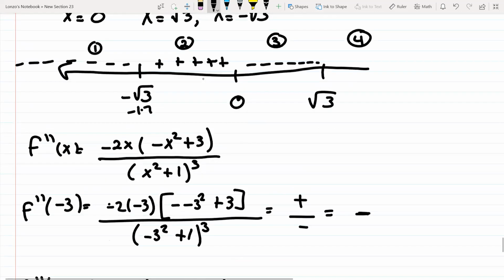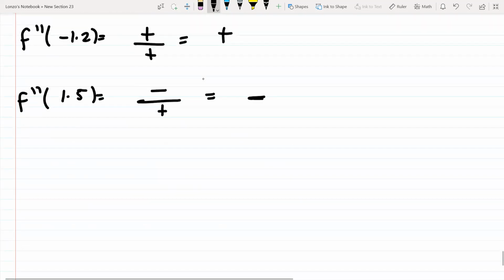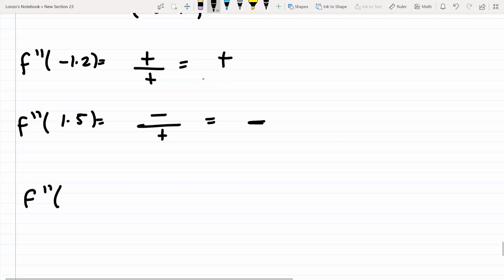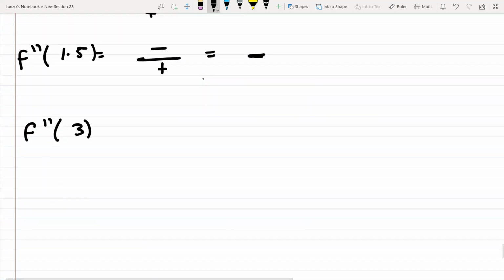And then let's test boundary 4. I need a number greater than radical 3, so maybe I'll just stick with 3. When you put that in, you get 0 on the top, and on the bottom it becomes positive. We know that 0 over a number is always going to be 0, right? So 0 is still technically positive.